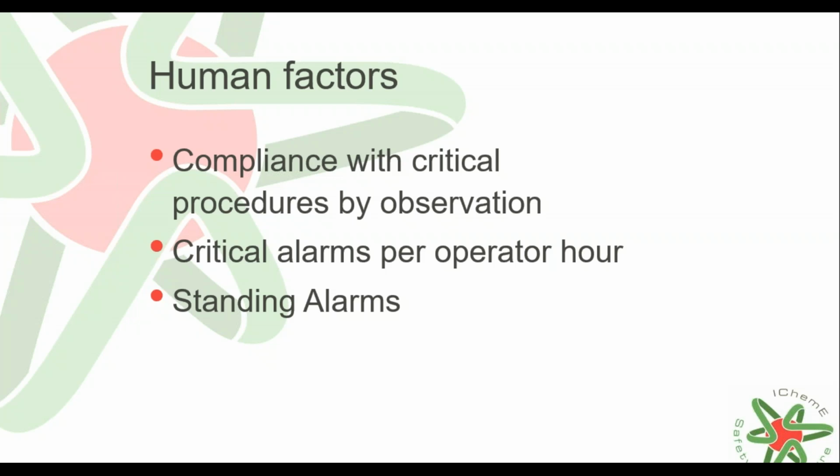But these are the most significant ones that the guidance document specifically highlights: compliance with critical procedures, critical alarms per operator hour, which is really interesting and will also be the topic of the alarm rationalization guidance document, and standing alarms as well.